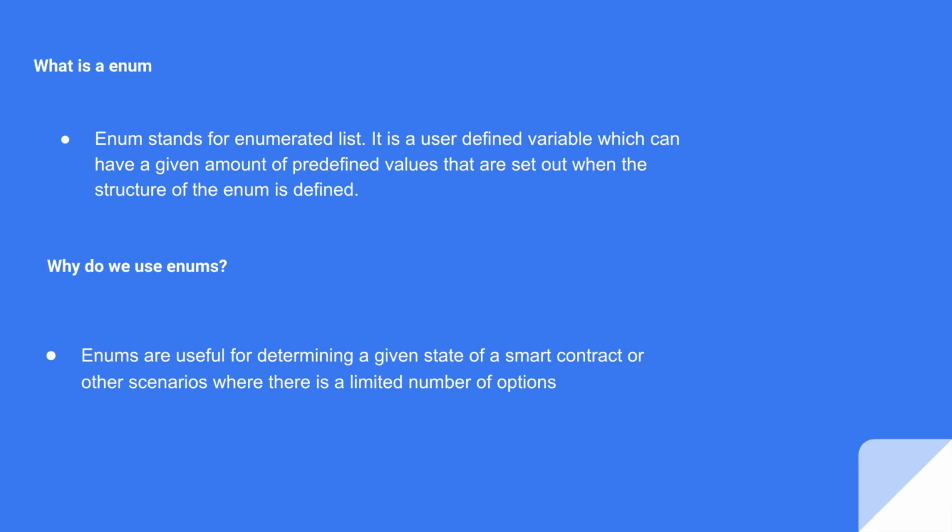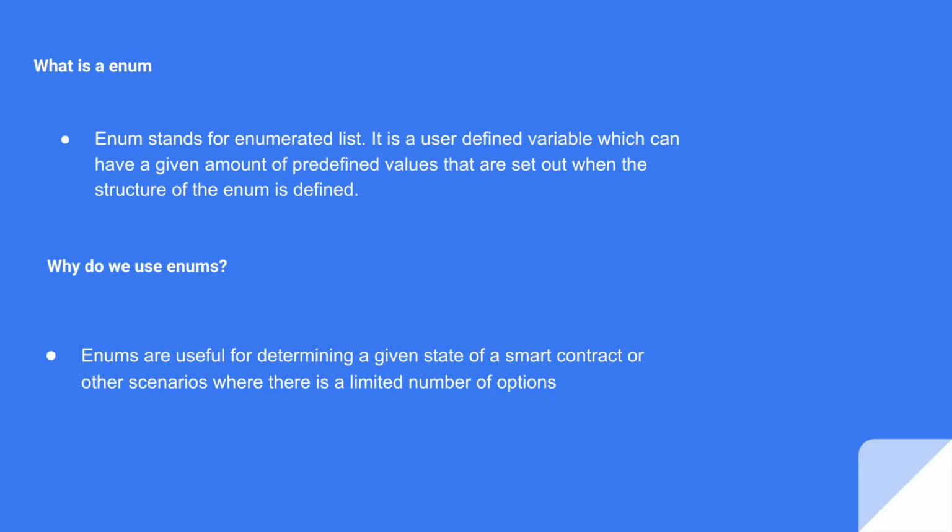We might have another state where a contract is delivered. So we might start off in pending. We might then transition to out for shipment, or then we might also transition into cancelled. So as always, we're going to jump into the code, and all of this will become clear when we see enums in action.